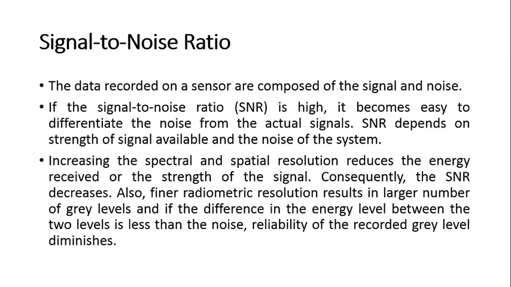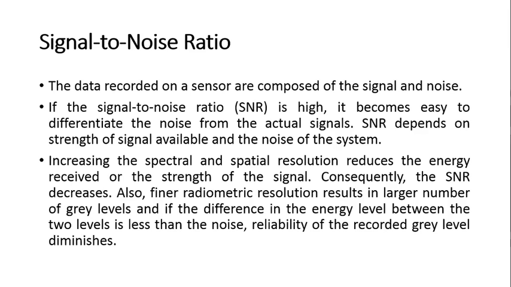Now, one of the most important things when we talk about the resolution of a satellite or sensor is the signal to noise ratio. The data recorded on a sensor are composed of the signal, say reflectance, and noise. Noise can be anything.